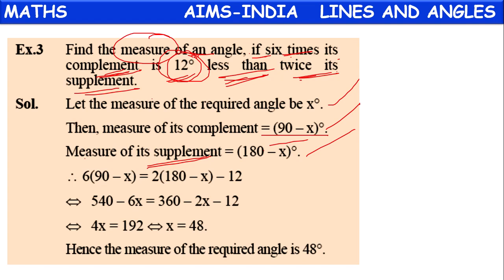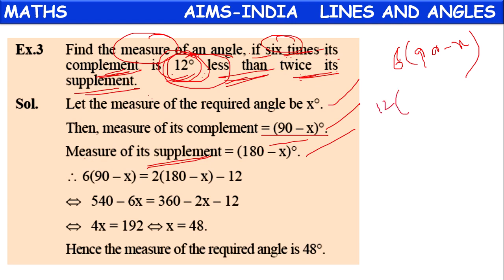Now what they have given in the question: 6 times its complement is 12 degrees less than twice its supplement. So 6 times its complement is 6 into 90 minus x, 12 less than twice its supplement.